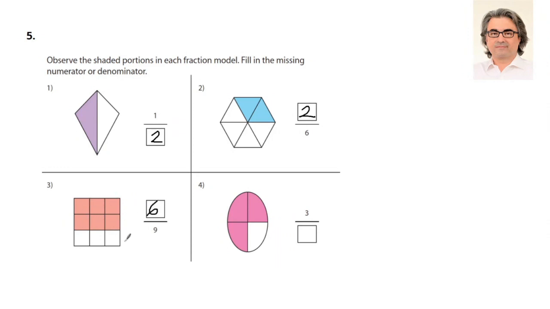I should write here 6, and 9 is all equal pieces of the whole, written here. What about this figure? 3 is the number of shaded regions and 4 is all the equal pieces of the whole. So I should write on the denominator 4. 4 is the denominator, the number of all equal pieces of the whole.